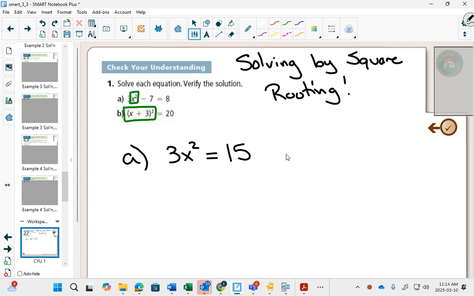Then we could divide both sides by 3 and get that x squared by itself.